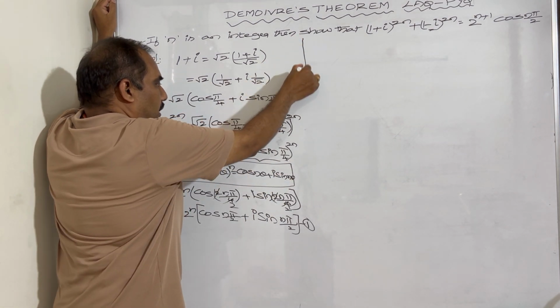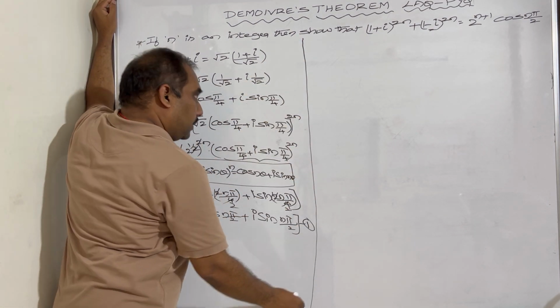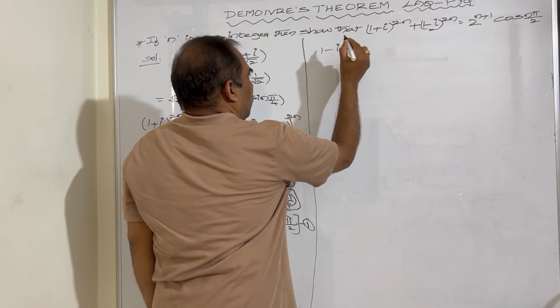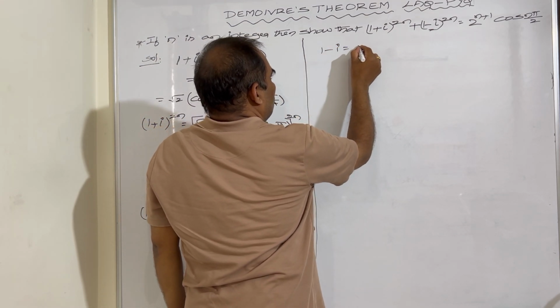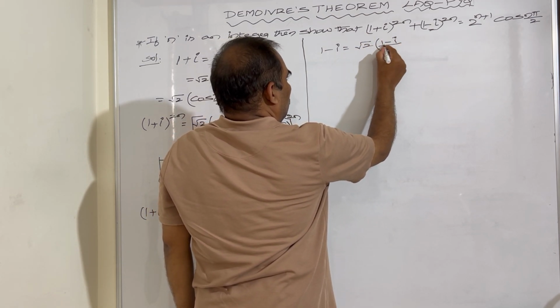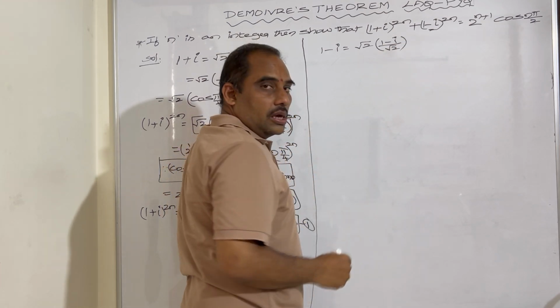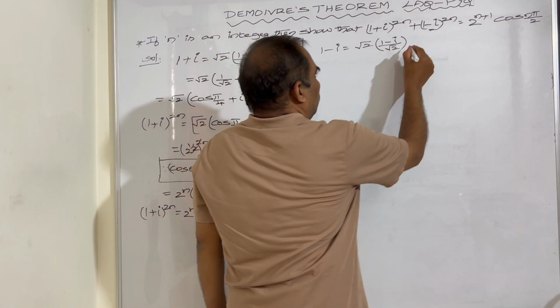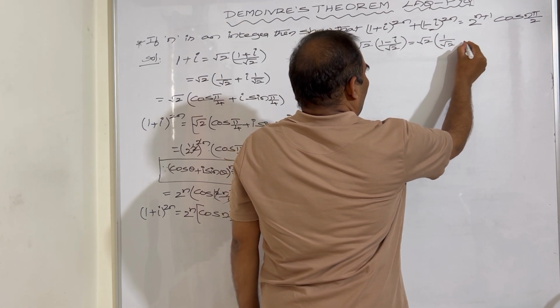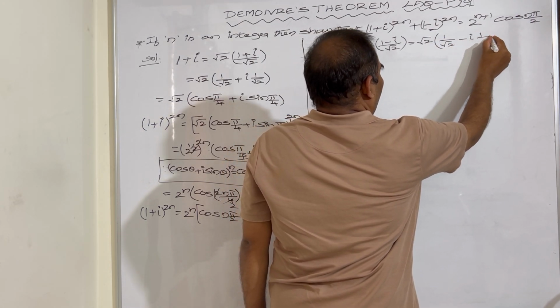Now further, here we have one more complex number, 1 − i. This can also be multiplied in numerator and denominator by root 2: root 2 into (1 − i) by root 2. So it becomes root 2 into (1 by root 2 minus i into 1 by root 2).